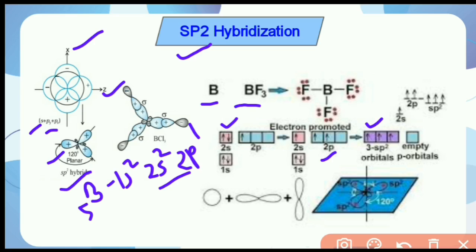This molecule is arranged in a plane, a trigonal planar structure is formed, and the angle between two bonded atoms is 120 degrees. So its geometry is trigonal planar and the angle is 120 degrees.